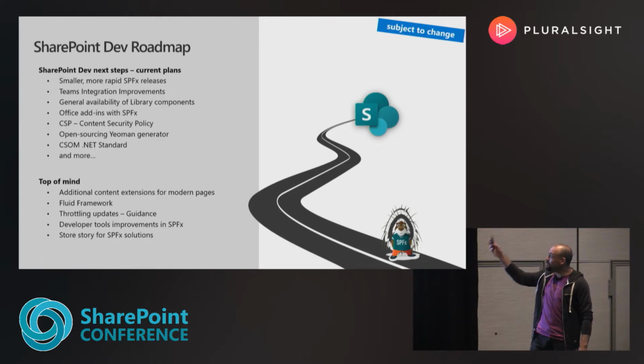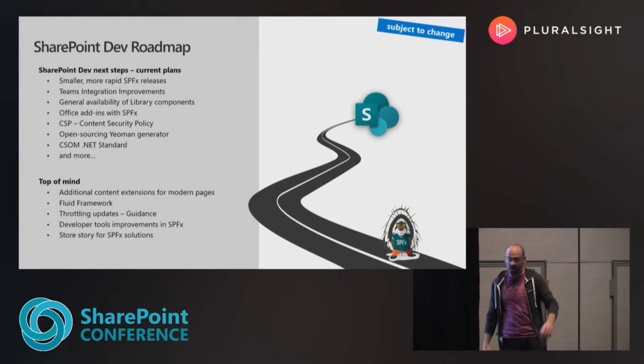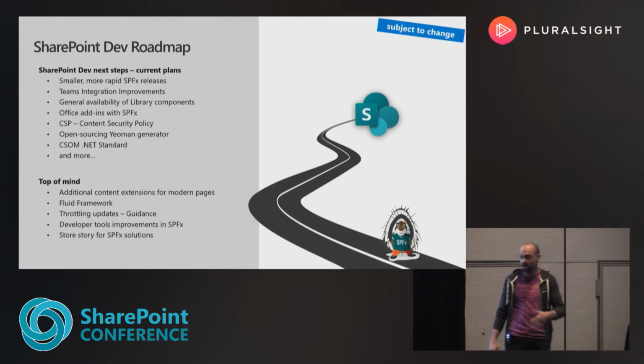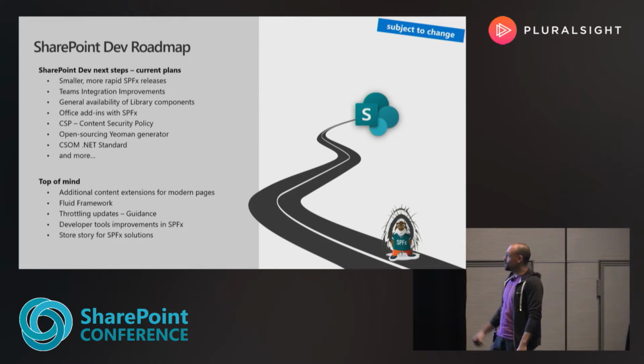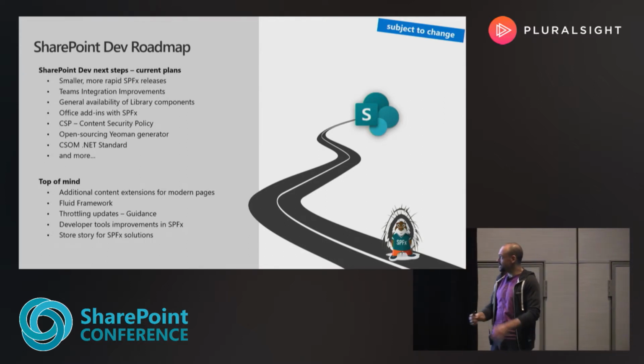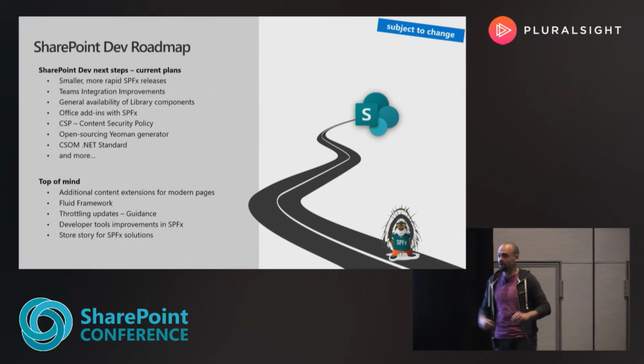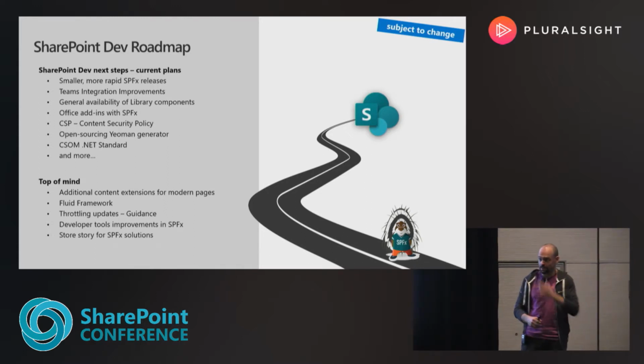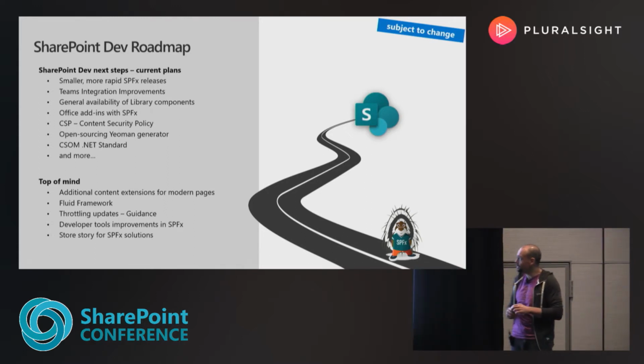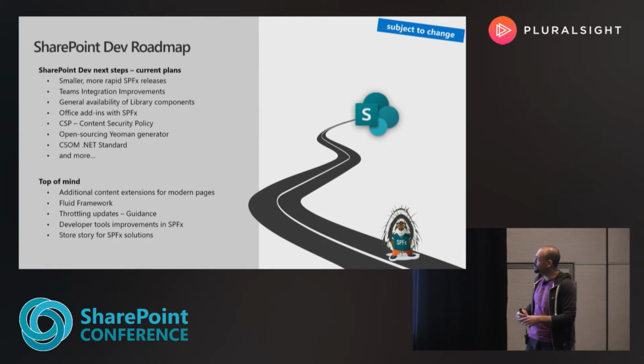So this is everything that we are planning to do for the next releases in SharePoint Framework. As you can see, we want to do things above and beyond SharePoint and Teams. This is why you can see Office Admin over there. We want to do more work for developers in terms of content security policies, as well as open sourcing the Yeoman Generator.